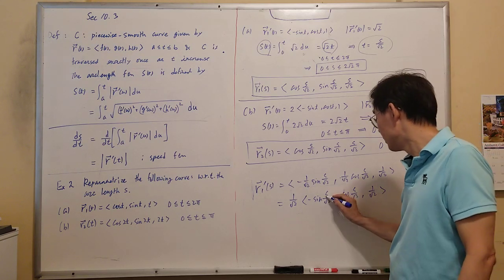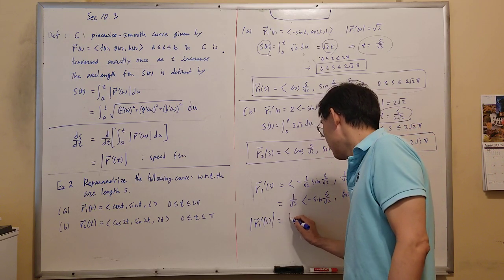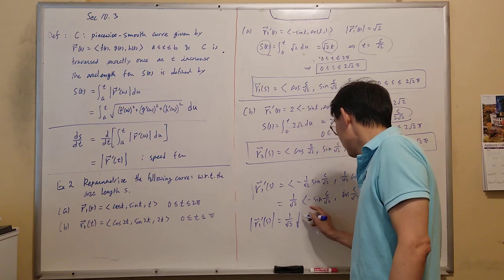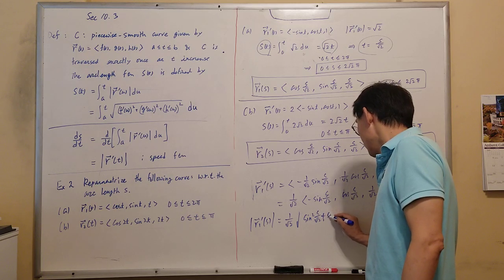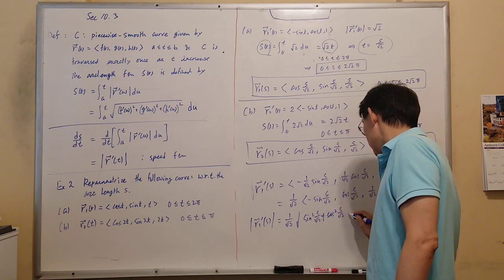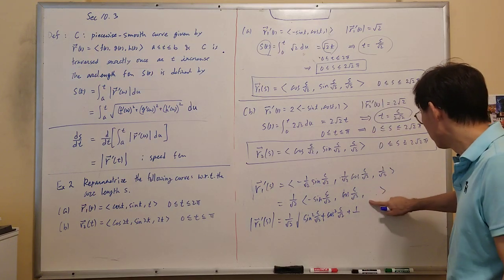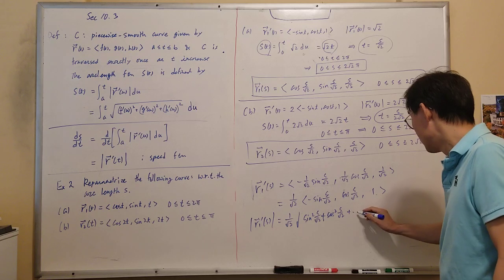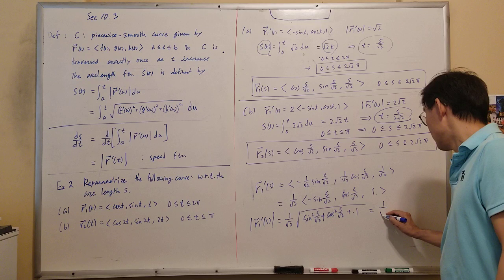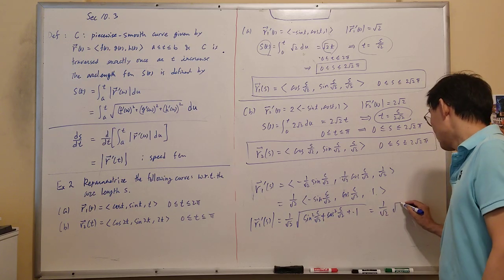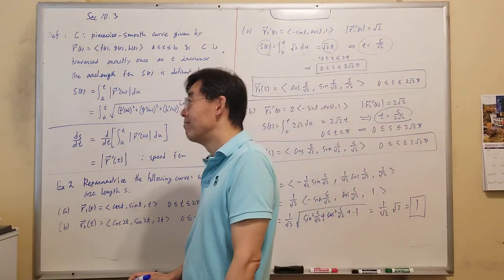So what do you get? If you take the magnitude, sine squared plus cosine squared is 1, so this is 1 plus 1 under the square root of 2, so 1. Your speed will be 1.